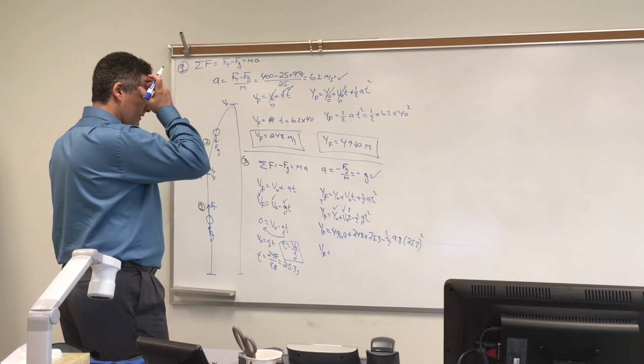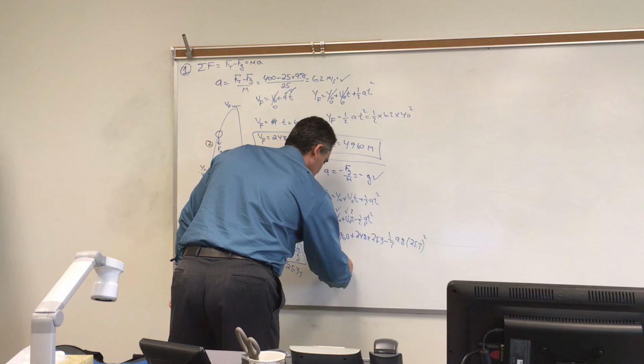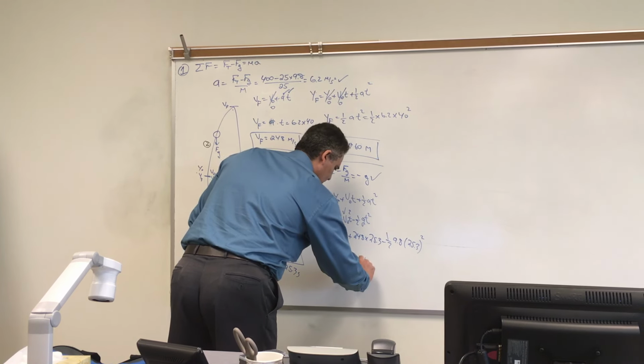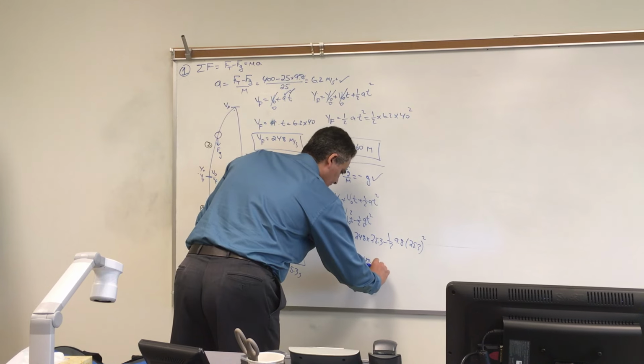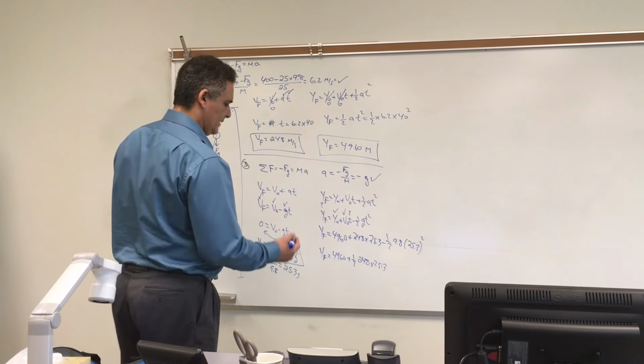So it's going to be 4960 plus 1/2 times 248 times 25.3. That's what it's going to end up being, so whatever you get on your calculator.